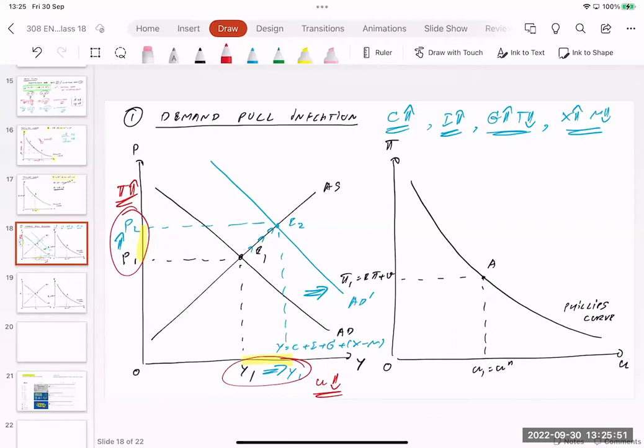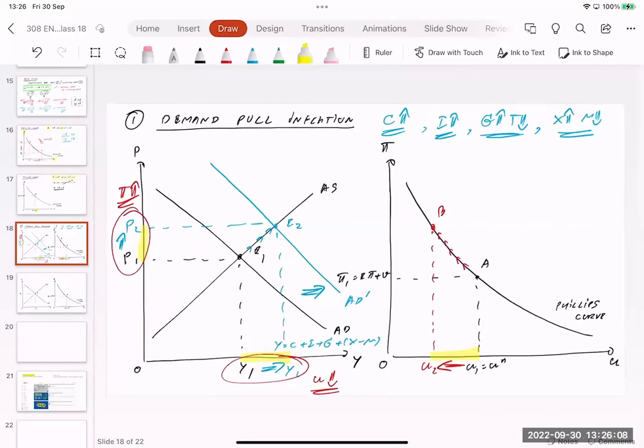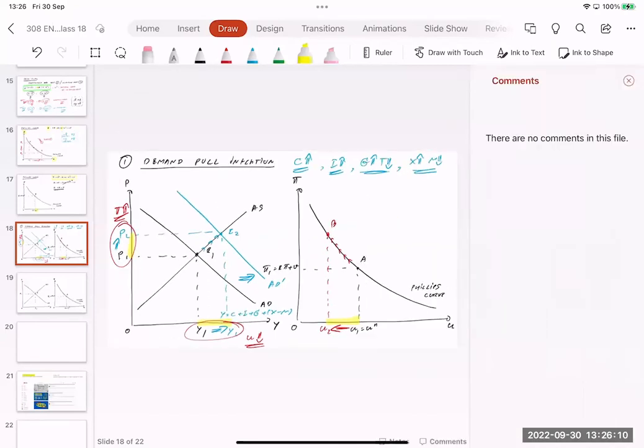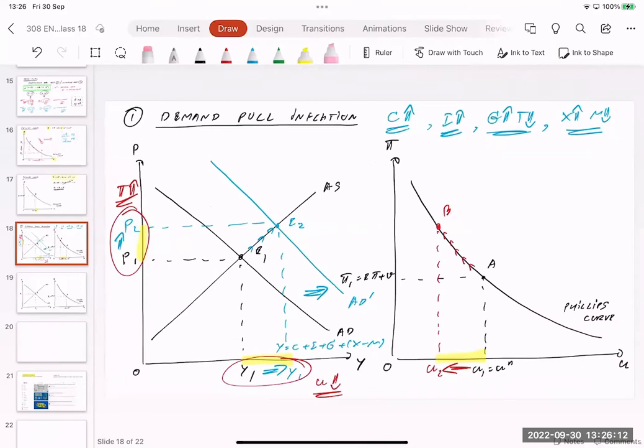How does this affect the Phillips curve on the right? In this case, it's moving along the curve from A to B. Unemployment becomes lower from U1 to U2, and you can see that U2 is less than UN, because it's on the left side of UN.